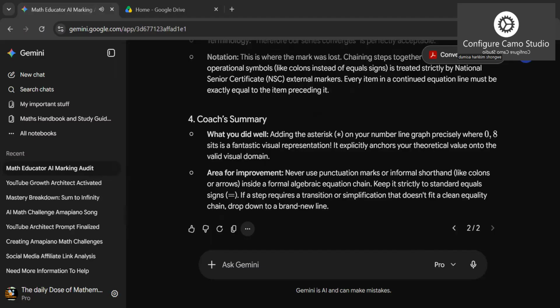What you did well: adding the asterisk on your number line graph precisely where 0,8 sits is a fantastic visual representation. It explicitly anchors your theoretical value onto the valid visual domain. Area for improvement: never use punctuation marks or informal shorthand, like colons or arrows, inside a formal algebraic equation chain. Keep it strictly to standard equals signs. If a step requires a transition or simplification that doesn't fit a clean equality chain, drop down to a brand new line.